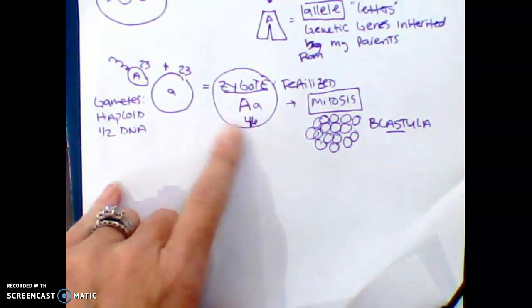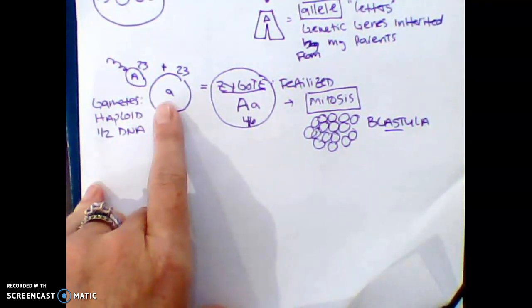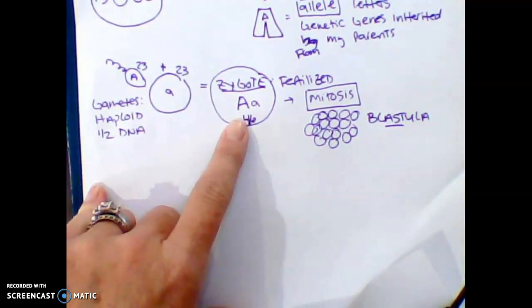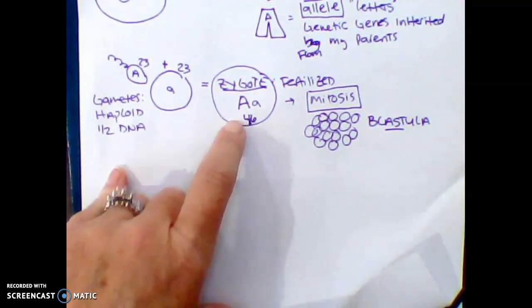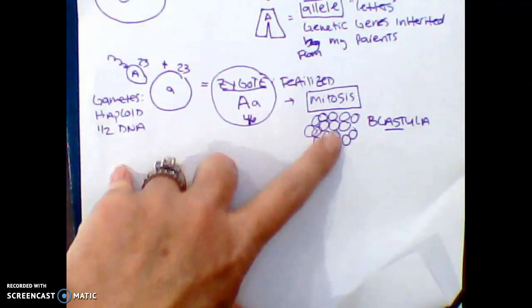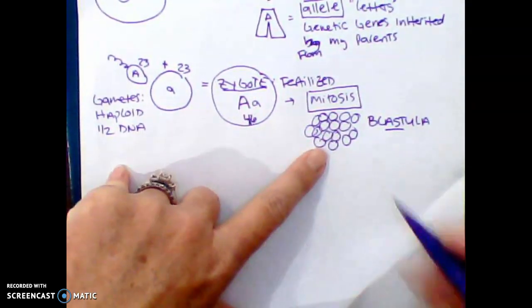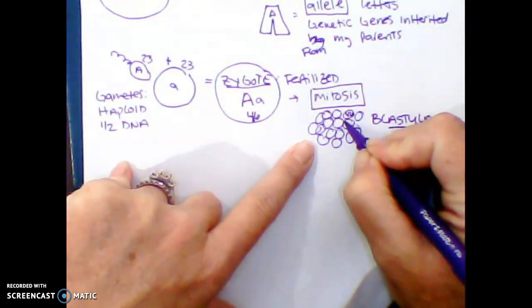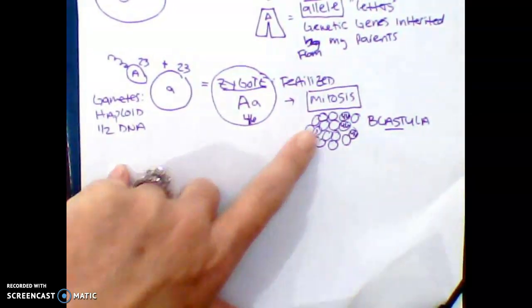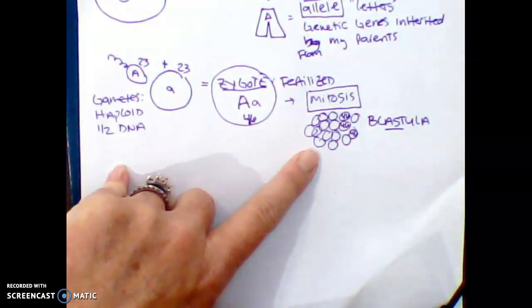But long story short, you get half your genetics from your mom and dad, which creates a cell known as a zygote. That cell then gets stimulated to start to divide. And so all of these single cells in the blastula, every single one of these has 46 chromosomes, and they're all exactly like each other.